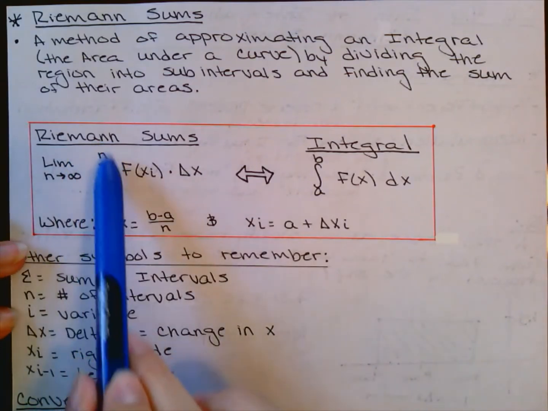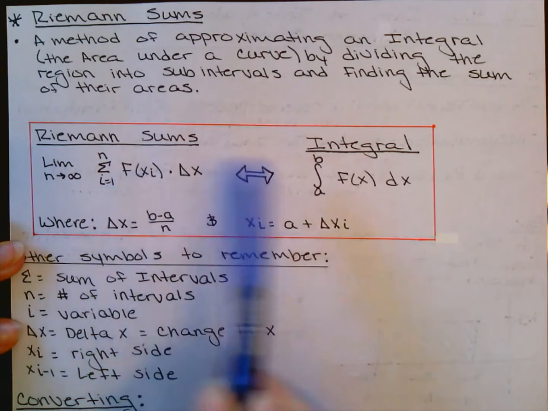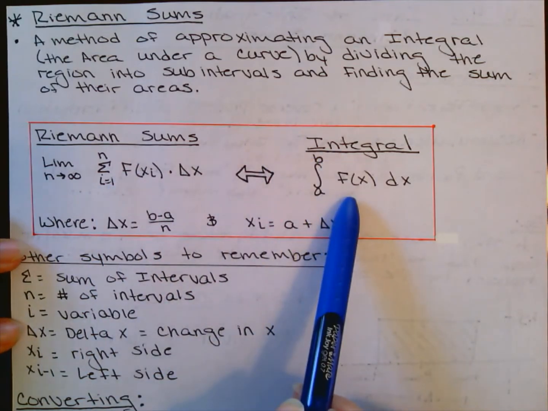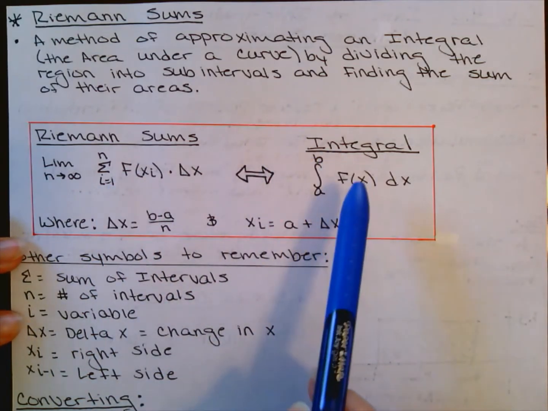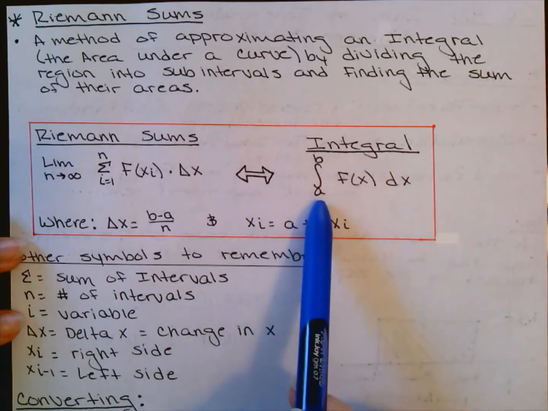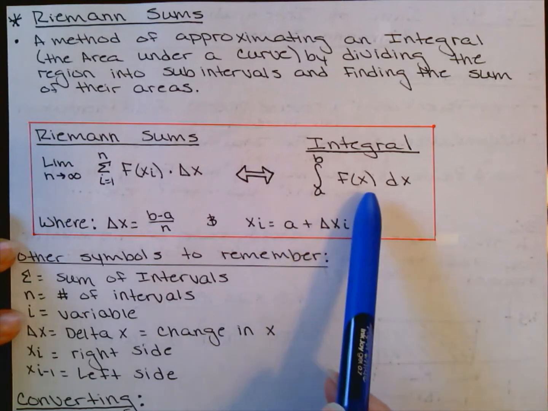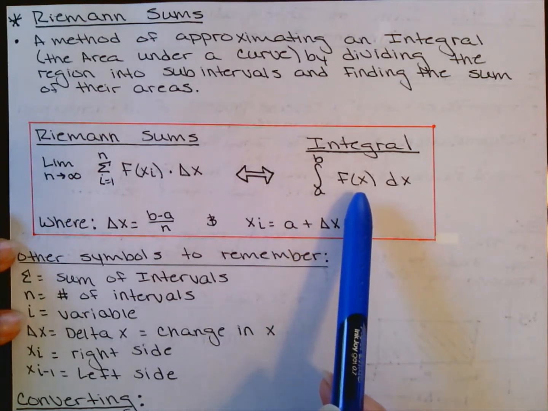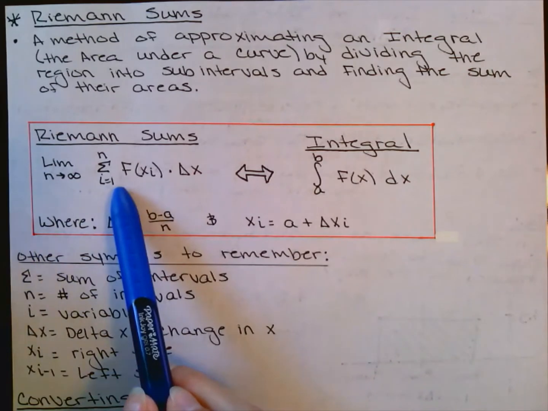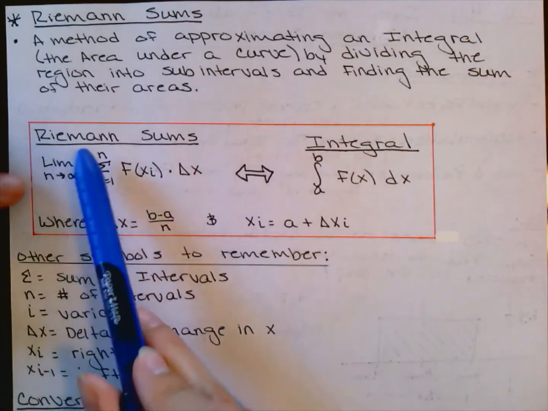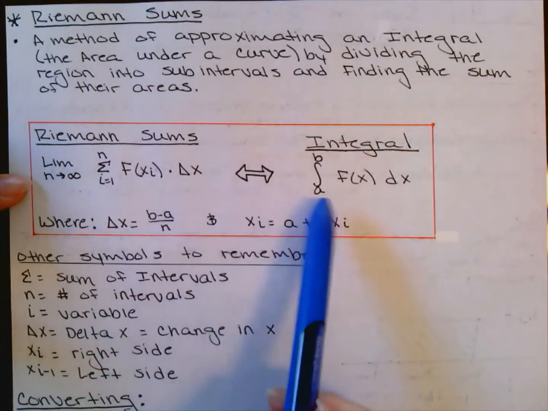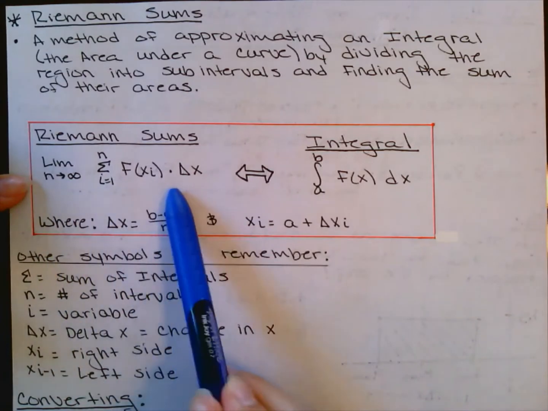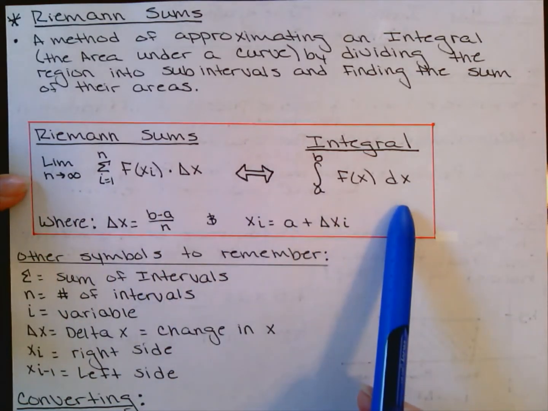So again, Riemann's sum was an estimation that led us to integrals, the exact area under the curve. This notation here is going to be coming up next video, next section of the actual mathematical procedure, the anti-differentiation we were talking about. I want you to think back in the beginning when we learned derivatives and we learned the limit definition of a derivative. Riemann is going to give us a limit definition of an integral. So this is going to be the estimation, and this is going to be the exact value.